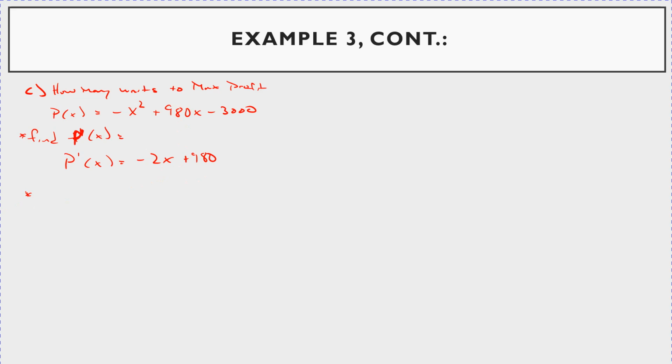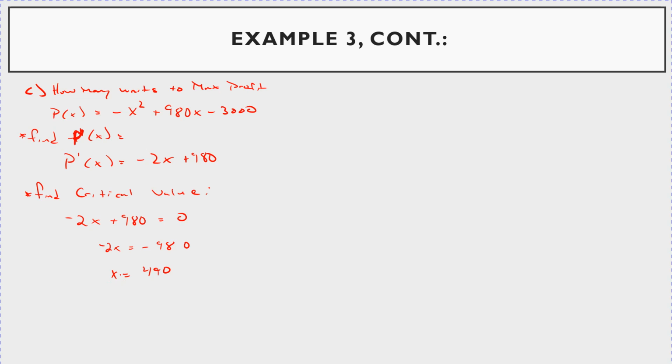Now you're going to find the critical value by setting this equal to 0: minus 2X plus 980 equals 0. Subtract the 980 over, divide by negative 2, and we get 490. But there's only one critical value, so we don't know right off the bat if it's a max or min.